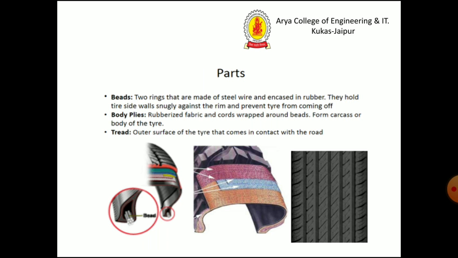Body plies are rubberized fabric coats wrapped around the beads to form the carcass or body of the tire. It is shown in the middle figure and encoded with the colors red, yellow, and orange. And the tread is the outer surface of the tire that comes in contact with the road, and it is shown in the right of the figure.